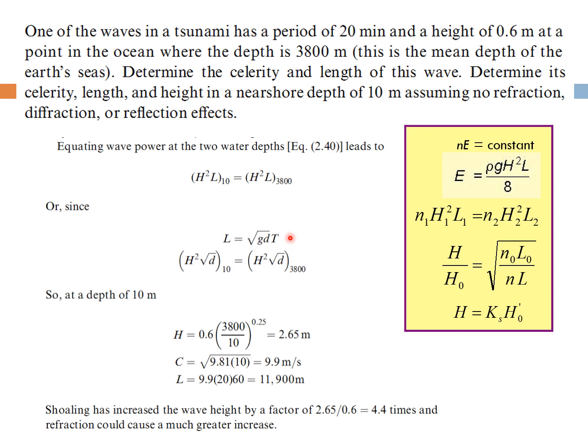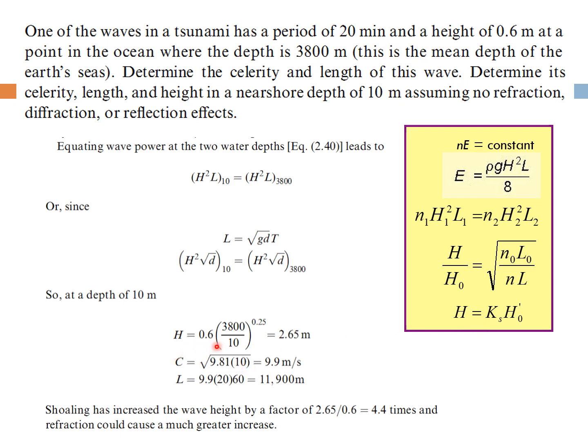After substituting, the square root of g cancels out, the wave period also cancels out, so what we are left with is this expression. Now we can rearrange this equation into this form, where H is on the left hand side.